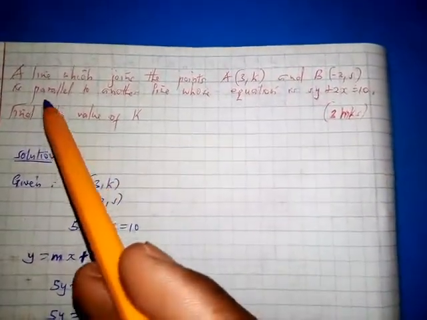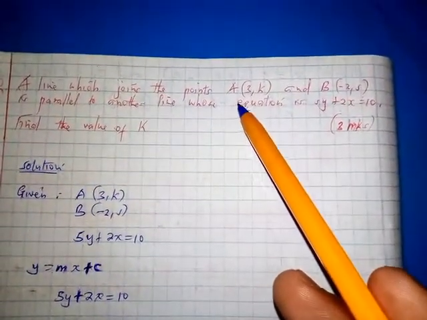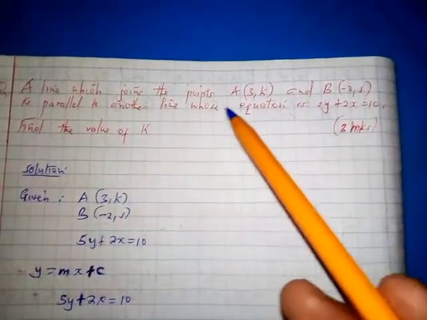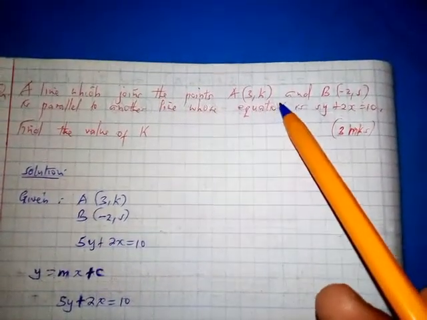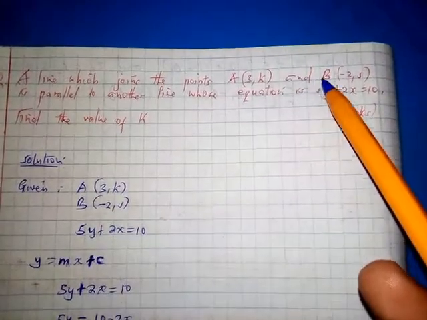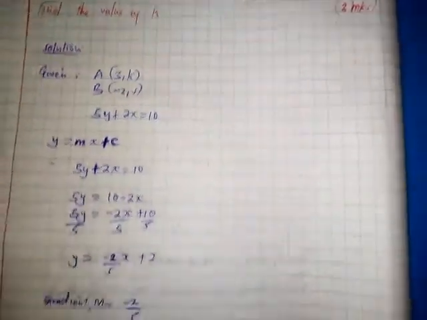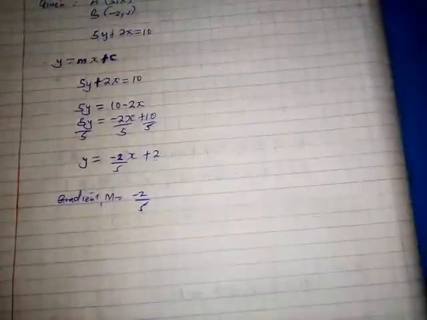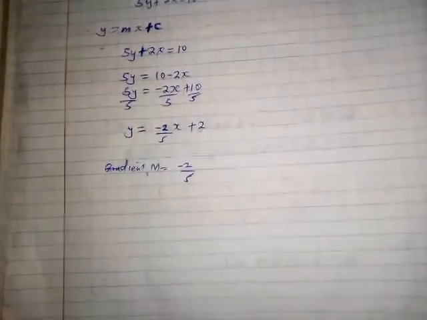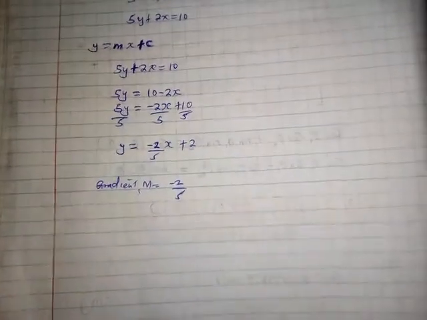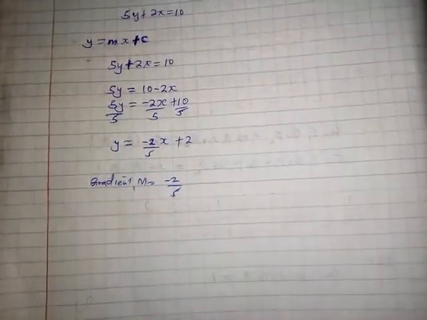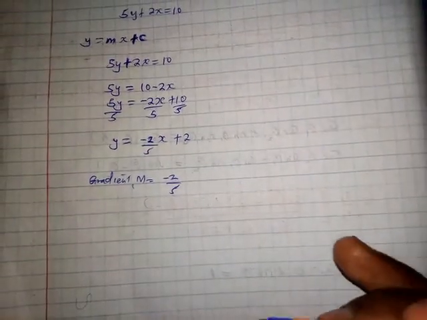So the line which joins the 2 points, also its gradient is -2 over 5. And how can we find the gradient given 2 points?